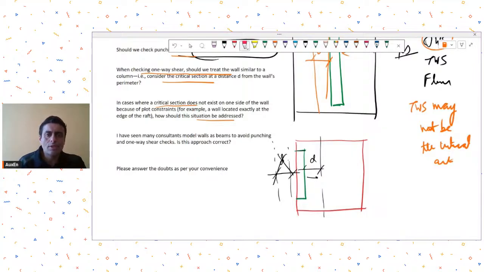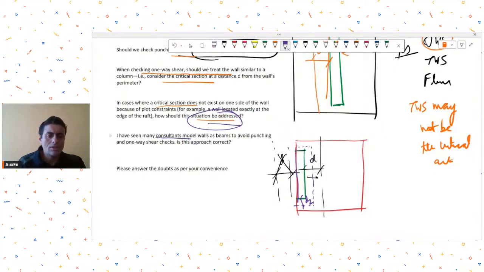And then for punching also, you remember that it will have a reduced perimeter because of this arrangement. Remember that the perimeter at d by 2 will be reduced because it's an edge condition. So you do it like this. Of course, if this is an eccentric case, you have to take care of the eccentric moments, but I'm not talking about eccentric moments. I'm just answering your query related to shear check.